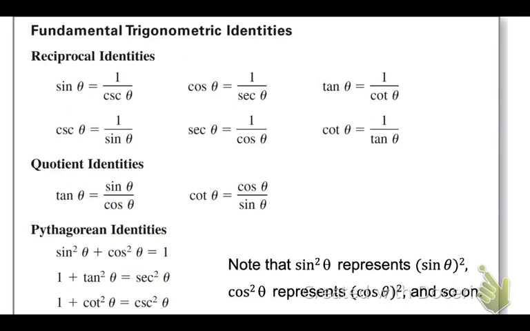You have to use these and know them frontwards, backwards, upside down. Do you already know the first 6? Yes. The second 2 make sense, right? So right now you will not be using the Pythagorean identities today, but we are going to work with them tomorrow. So if we write them down today, then we can dig into them tomorrow.